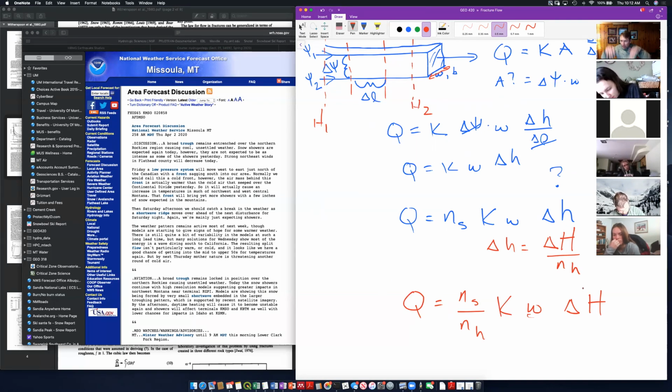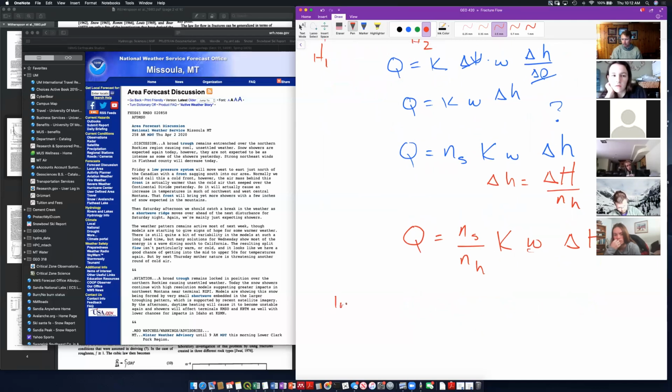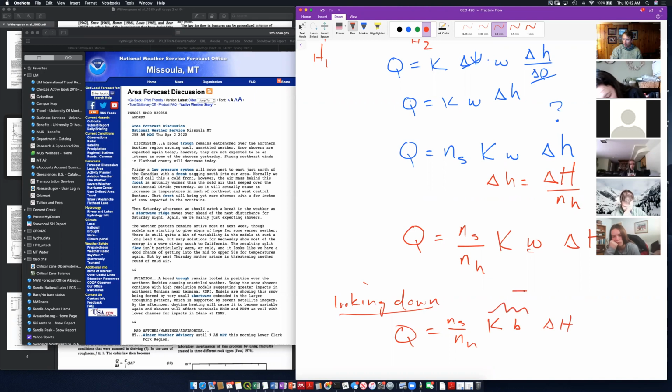Now, if I'm looking down in plan view on my aquifer, then Q is equal to NS over NH times K times B, the aquifer thickness, times delta H. And there we can put transmissivity in there.